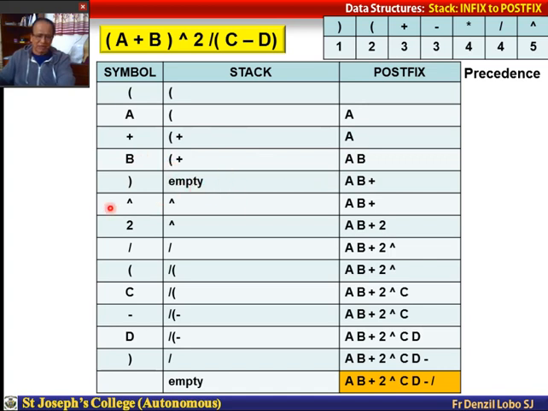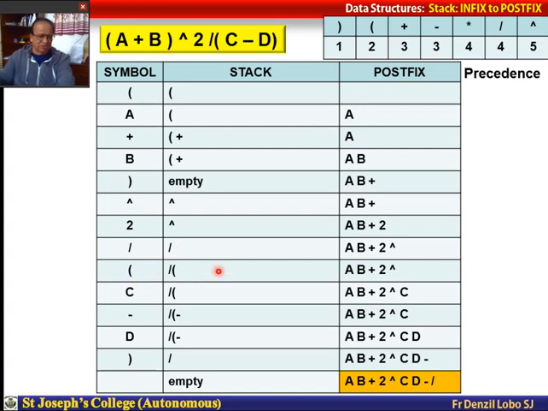Now the stack is empty. The incoming operator is the power operator, which goes onto the stack because the stack is empty. Then 2 goes onto the postfix, then divided by. Now you have to check precedence: the precedence of power is more than the precedence of divided by, as you see here, 5. Therefore that goes onto the postfix and you push the incoming operator onto the stack.